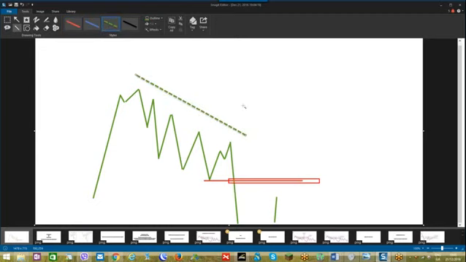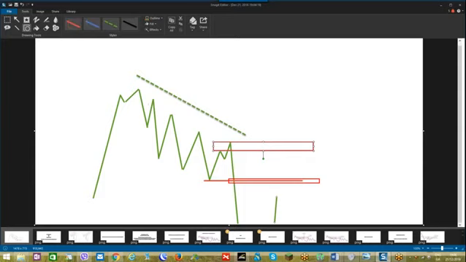Compression here. So for me, compression is made of two parts. It's made of pre-compression and it's made of the tip of compression. Pre-compression is the MPL before we get into compression.